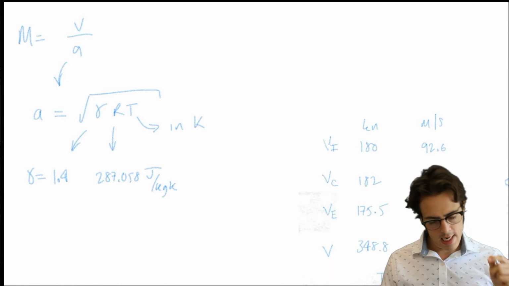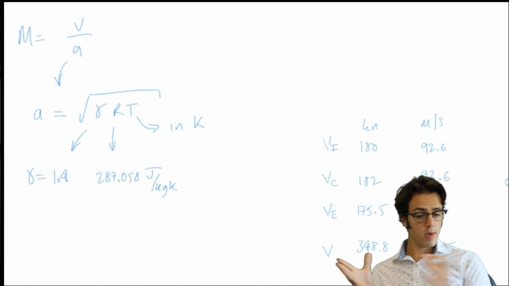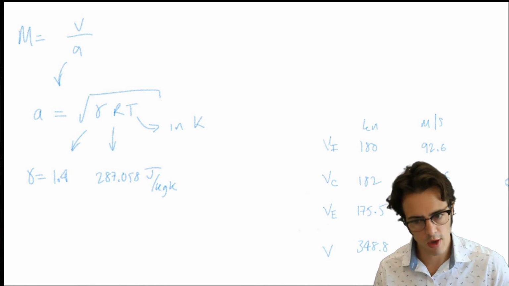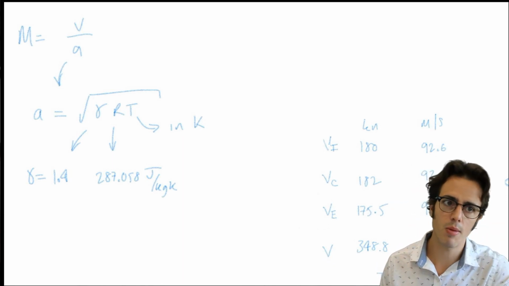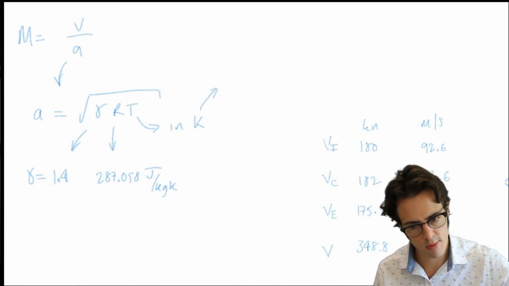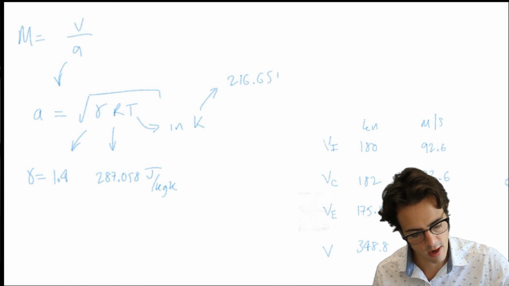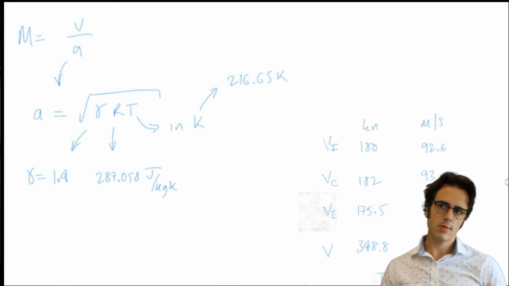So we need to then work out what the speed of sound is at the altitude that we care about. If you look up the temperature at 39,000 feet, you will get 216.65 Kelvin. How did I do that?